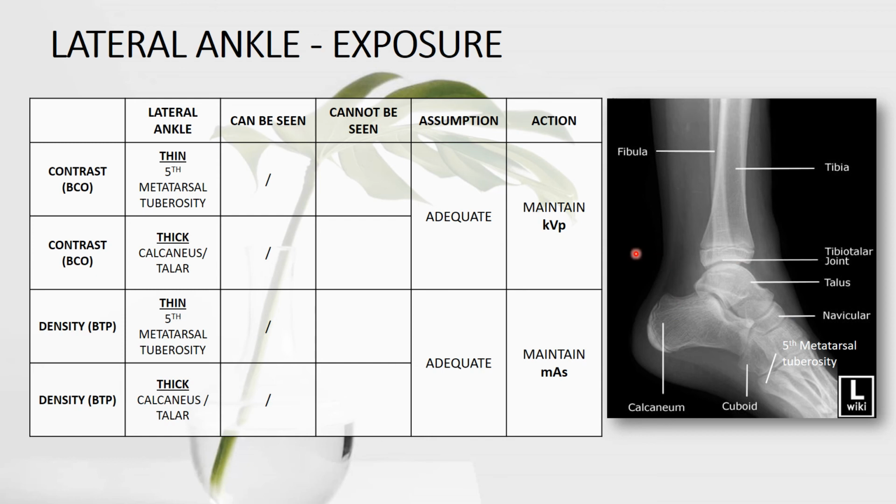So the assumption is the kVp used is adequate. The bony trabecular pattern of the thin structure, which is the fifth metatarsal tuberosity, can be seen, and the bony trabecular pattern of the thick structure, which is the calcaneus and talus, can be seen. So the assumption is the mAs used is adequate.